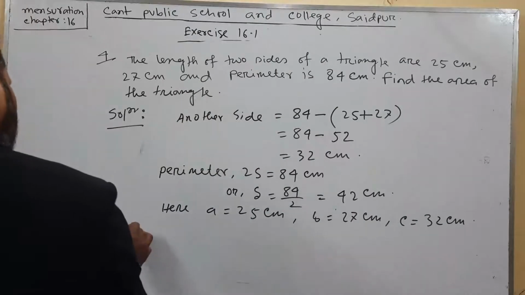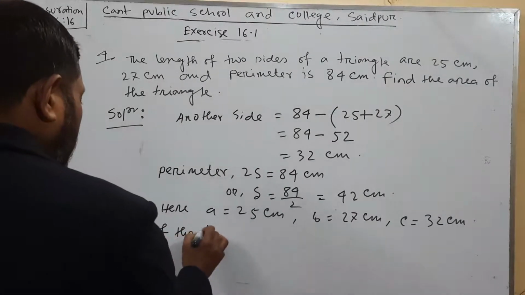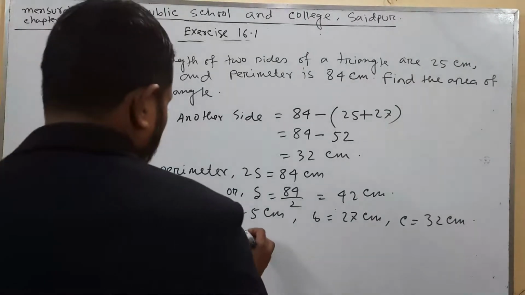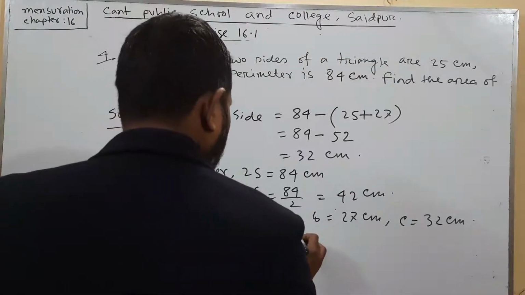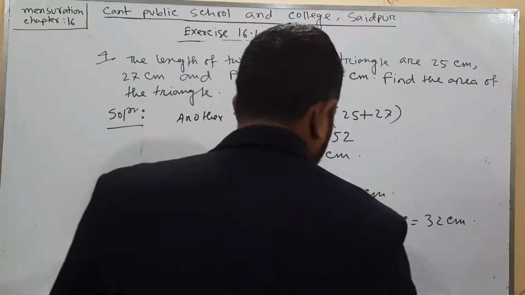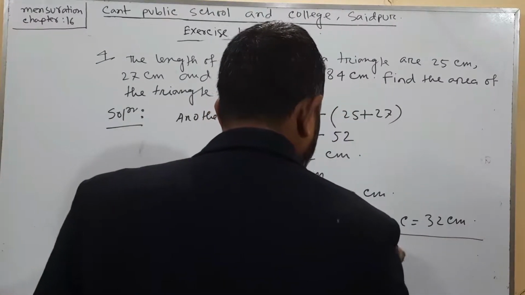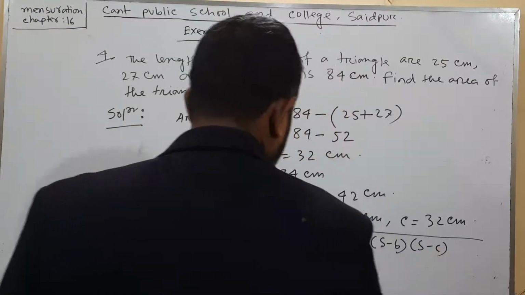So the area of the triangle is square root of s minus a, s minus b, s minus c.